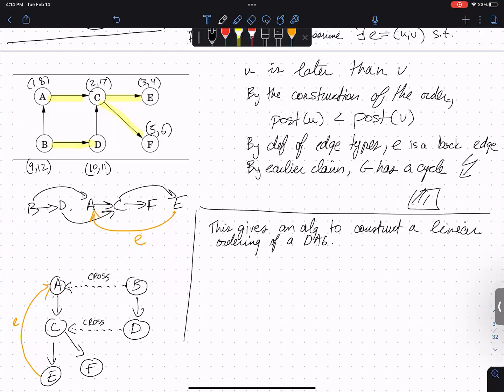And let me spell it out for you. So 1, run depth first search on G. Then 2, for all edges E equals from U to V.